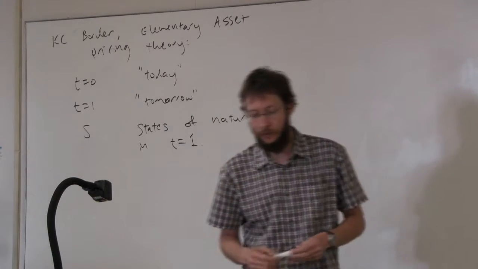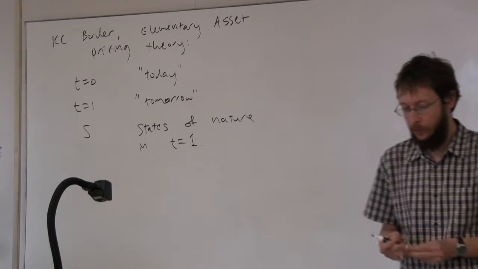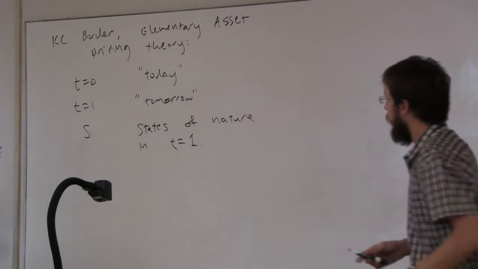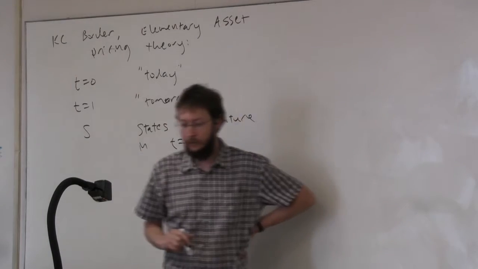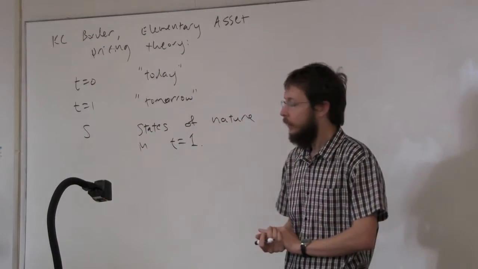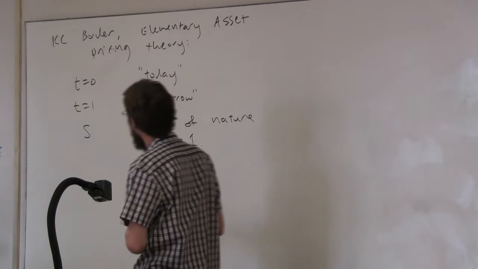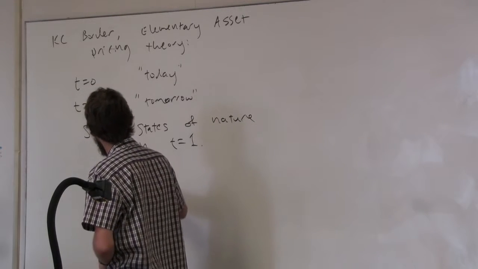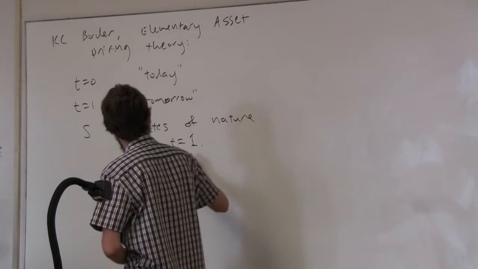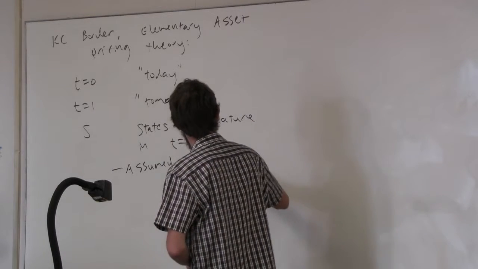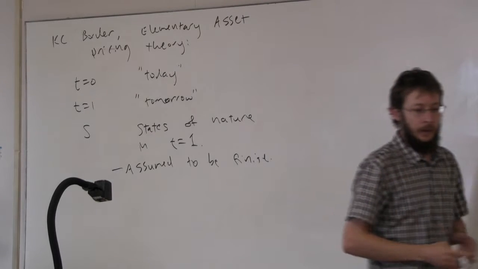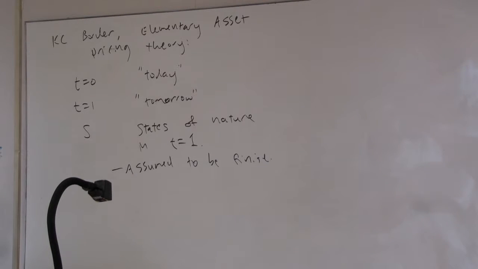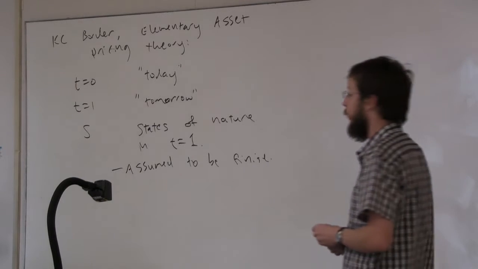So if you're trying to do something in full generality, then S is this extremely numerous set that describes all the different things that could happen. But in this particular model, we are assuming that it's finite. And then, of course, in more sophisticated models, you can have a whole continuum of different states, right?